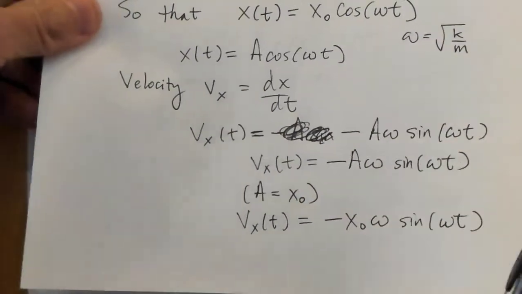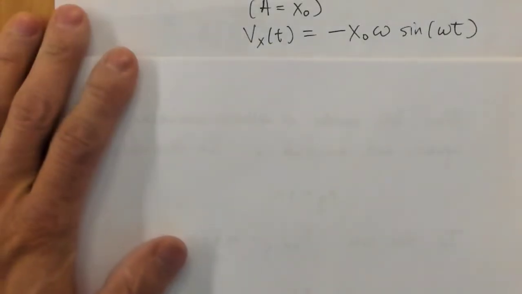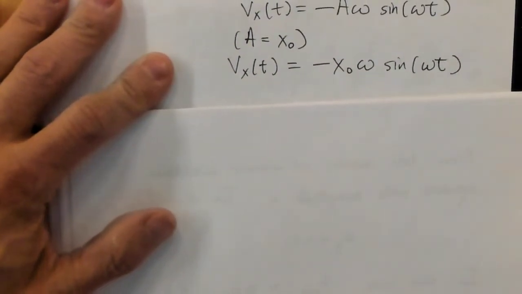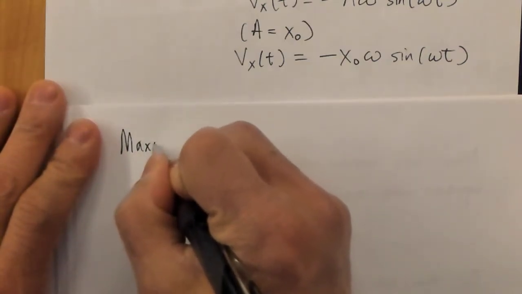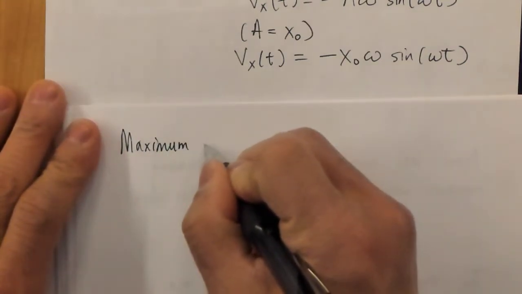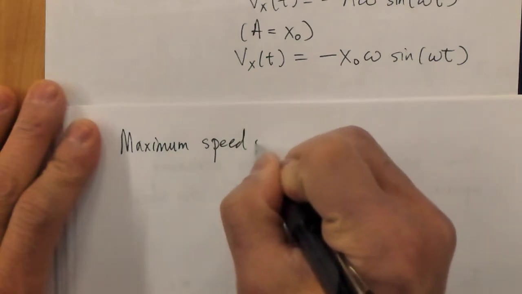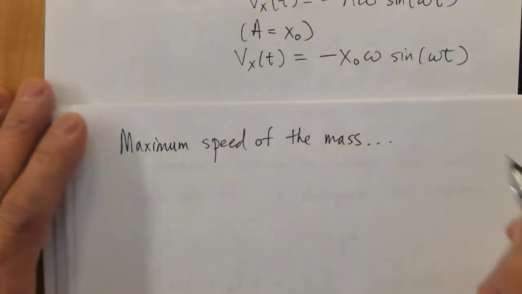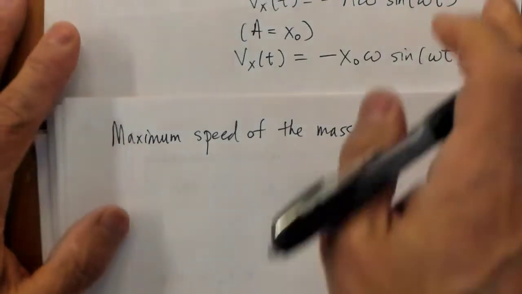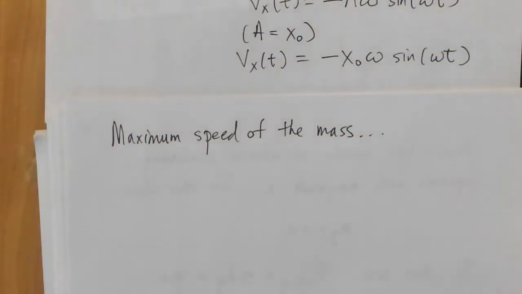All right. Now, sometimes they may ask you, what is the maximum speed of the mass? So what is the biggest possible value that the sine function can have? 1, right?